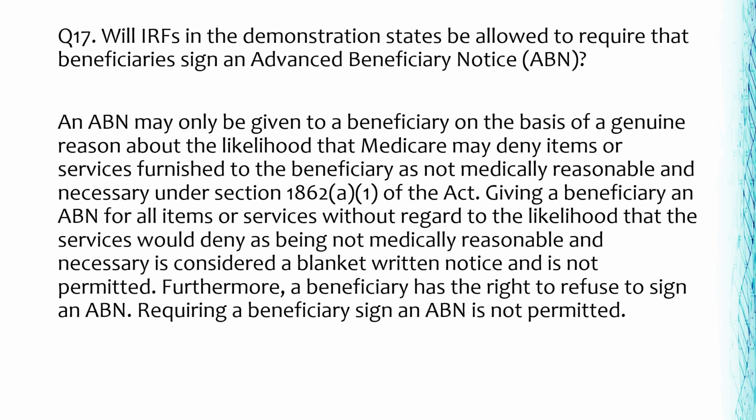Giving a beneficiary an ABN for all items or services without regard to the likelihood that the services would be denied as not medically reasonable and necessary is considered a blanket written notice and is not permitted. Furthermore, a beneficiary has the right to refuse to sign an ABN. Requiring a beneficiary to sign an ABN is not permitted.